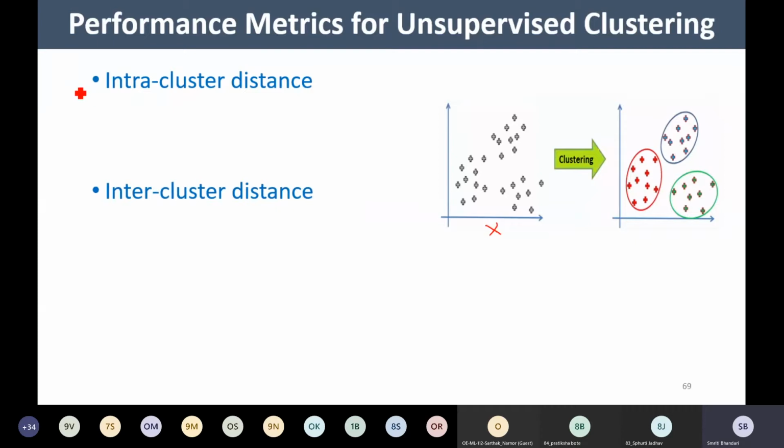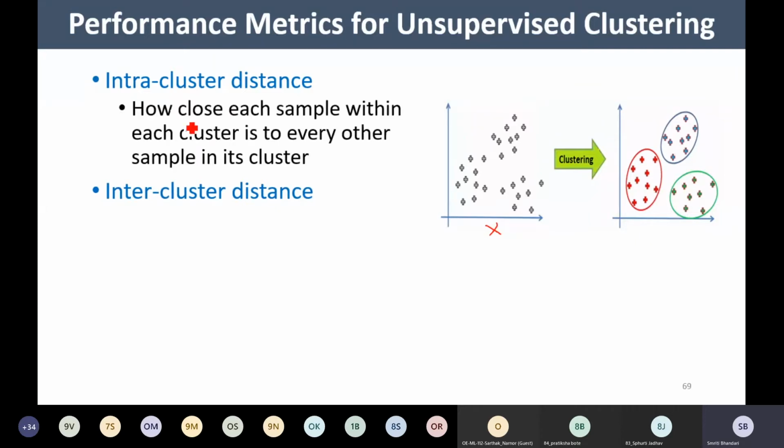Let us see intra-cluster distance first. This measure represents how close each sample within a cluster is to every other sample in its cluster. These samples are grouped together, these are grouped together, and these are grouped together. Intra-cluster distance means how close the individual samples in a cluster are to one another.